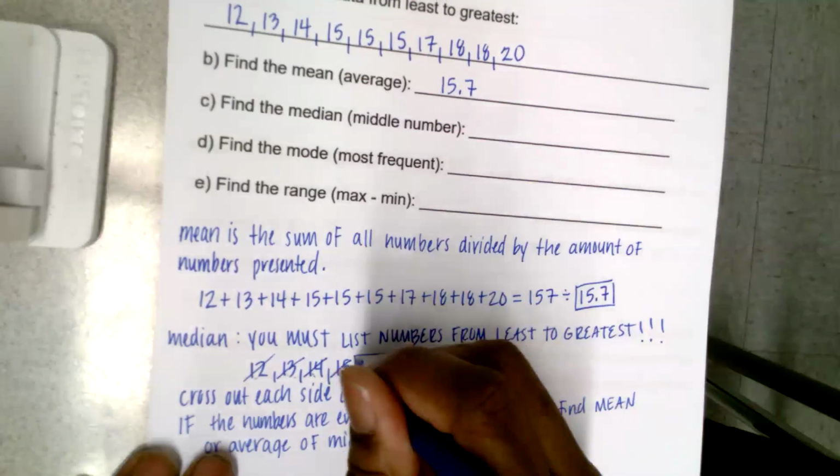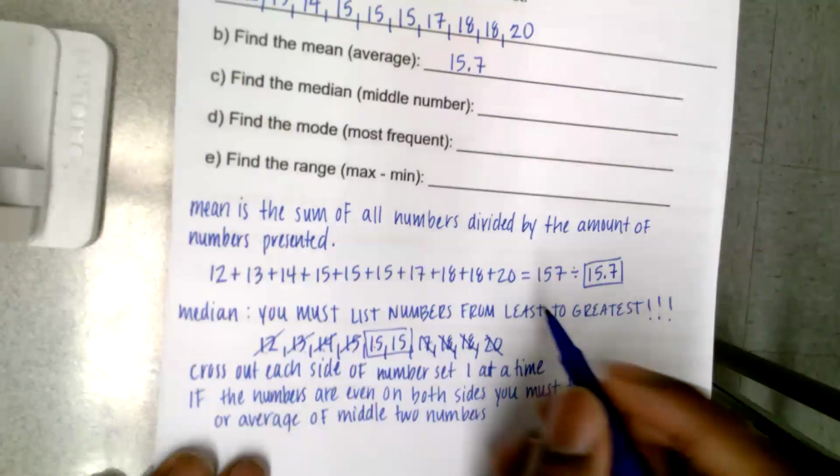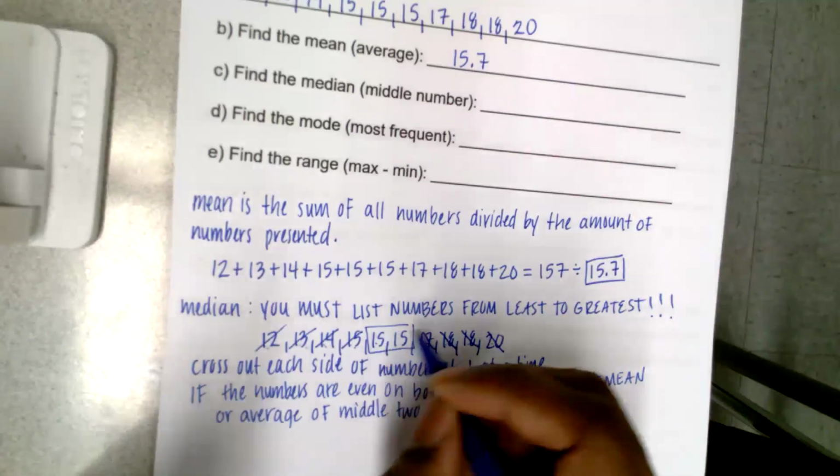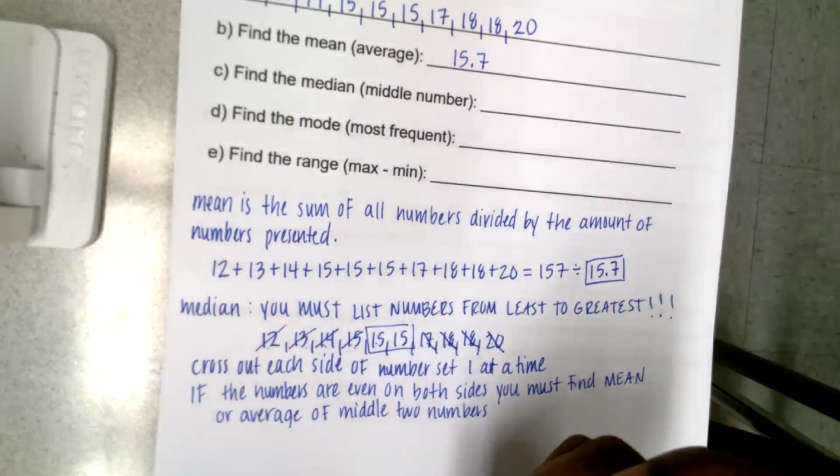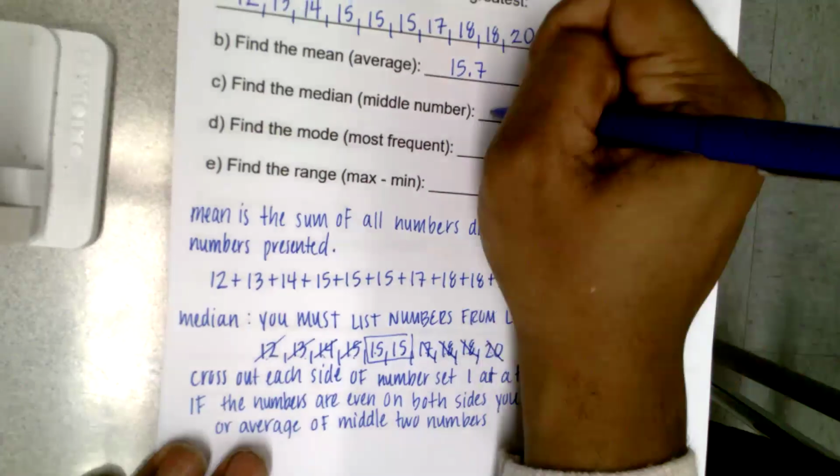So clearly it's 15. If I added 15 plus 15 and divided by 2, my answer would be 15. So my median is 15.